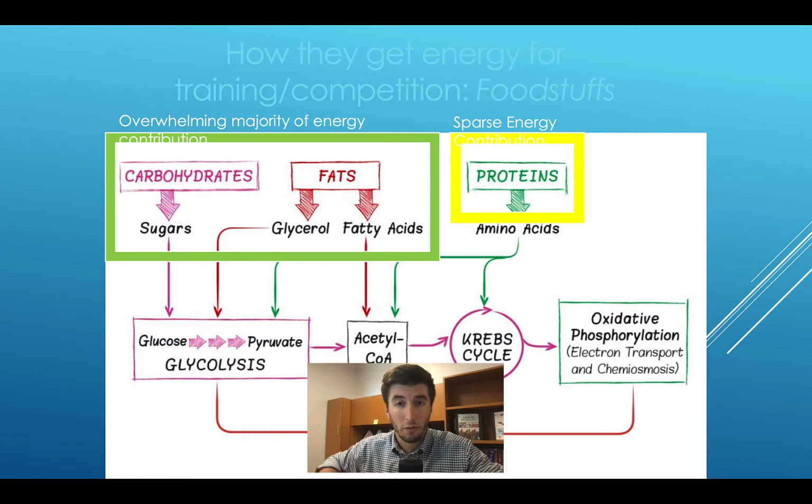The goal, as you'll see later, is to essentially make this number 0. We want the overwhelming majority of our energetic demands met by carbohydrates and fats. There are two main ways we can fuel exercise with carbs and fats, and we'll talk about those in a couple of slides. But what I want you to know is that these are where we get the majority of our energy for sport.